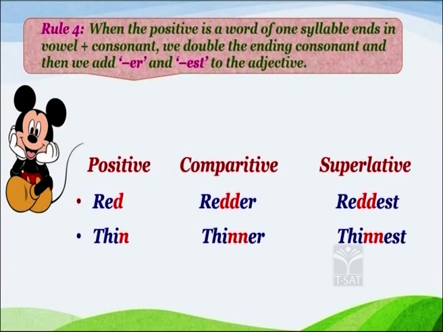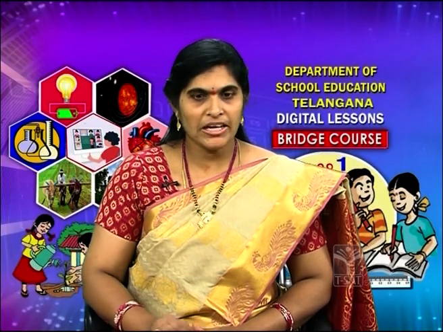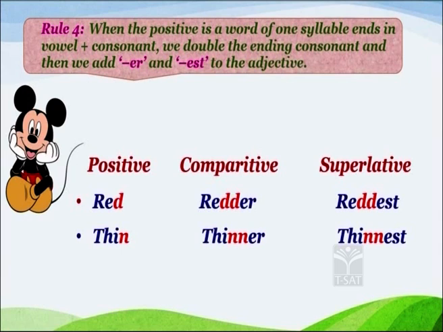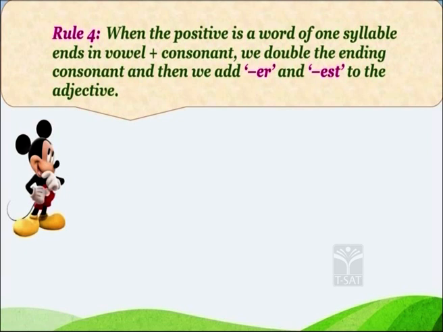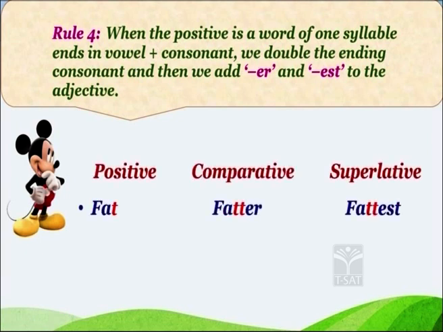For example, red, redder, reddest. In the same way, thin, thinner, thinnest. We shall see some more examples, children. Fat, fatter, fattest. If you observe carefully here, the last letter T is a consonant which is followed by a vowel.